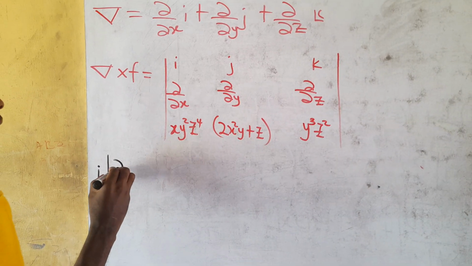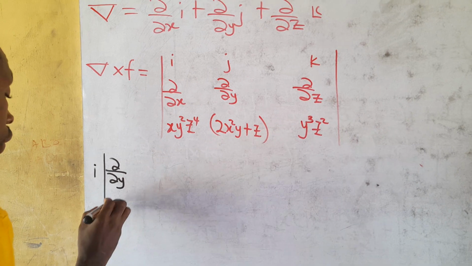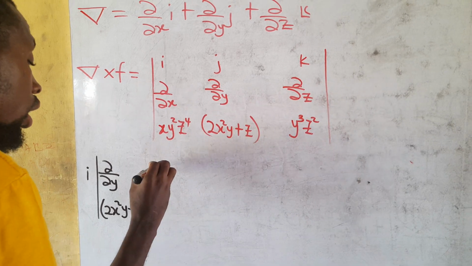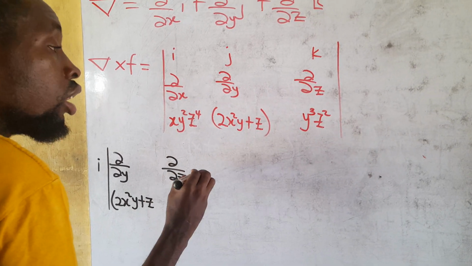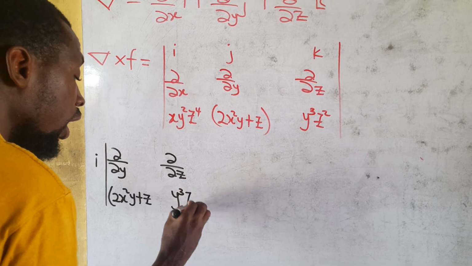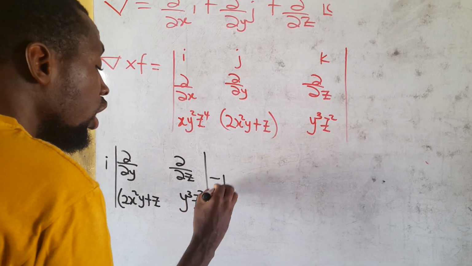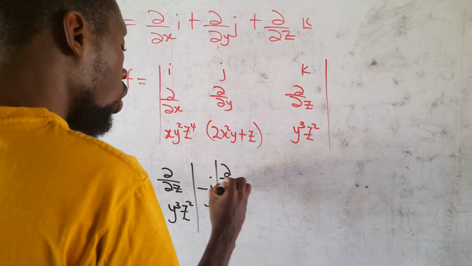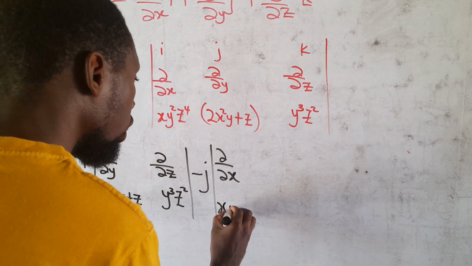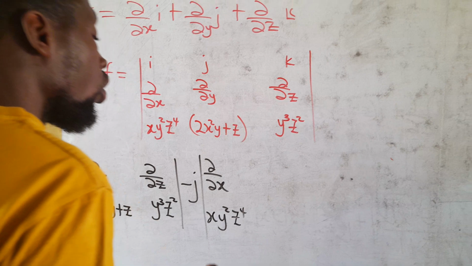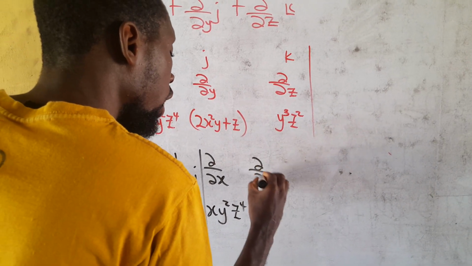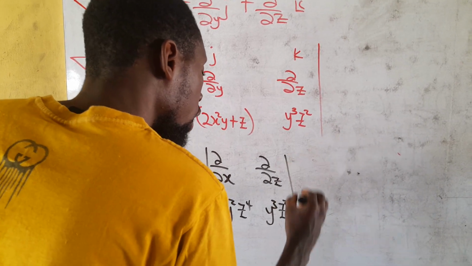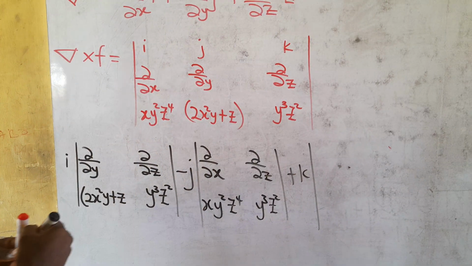That's del over del y of 2x squared y plus z, then del over del z of y cubed z squared, then minus j times the determinant of what is not under the j: del over del x of x y squared z exponent 4, then del over del z of y cubed z squared, then plus k times the determinant of what is not under the k.